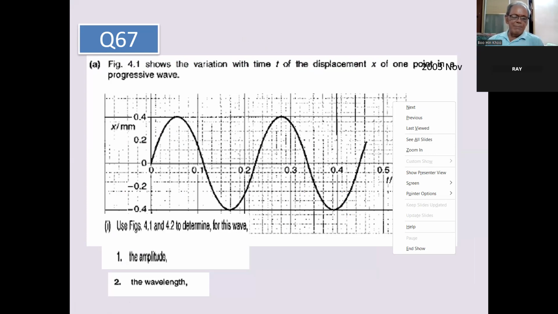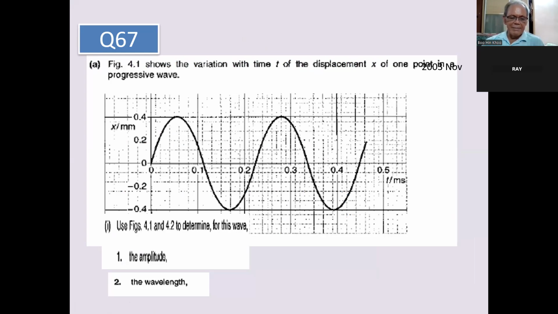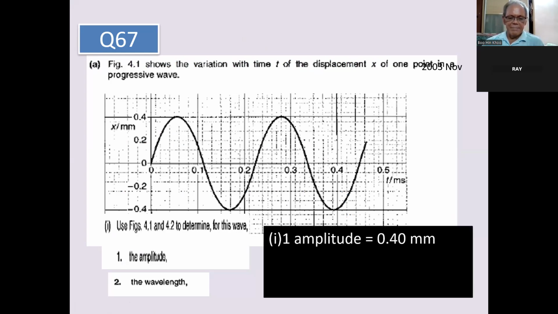Determine for the wave the amplitude and the wavelength. What's the amplitude? It is 0.4. Wavelength, a bit difficult to read.